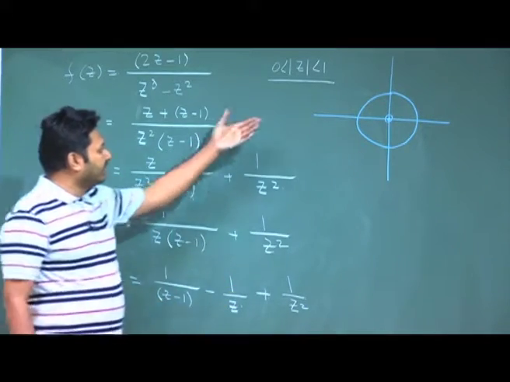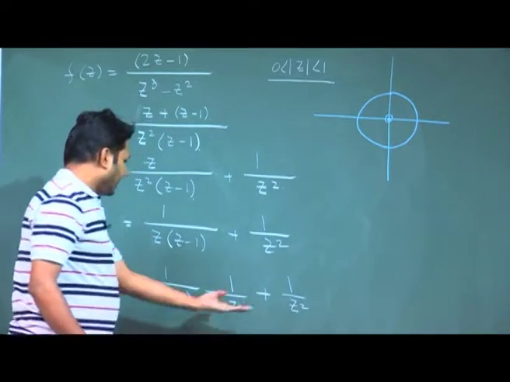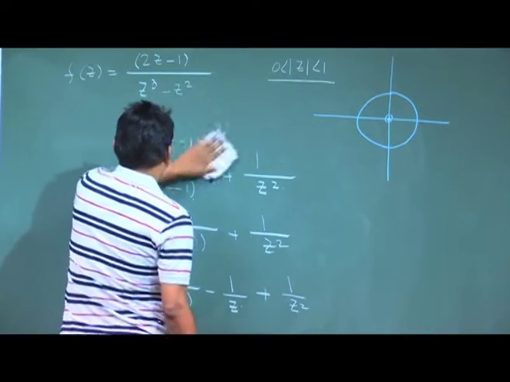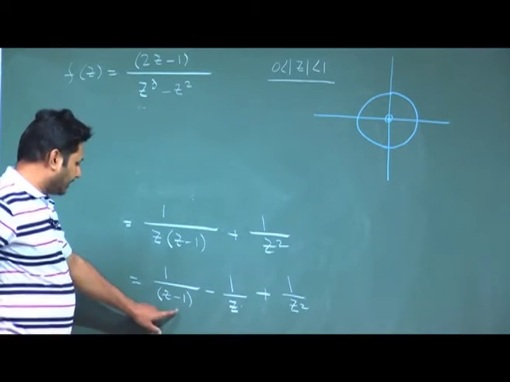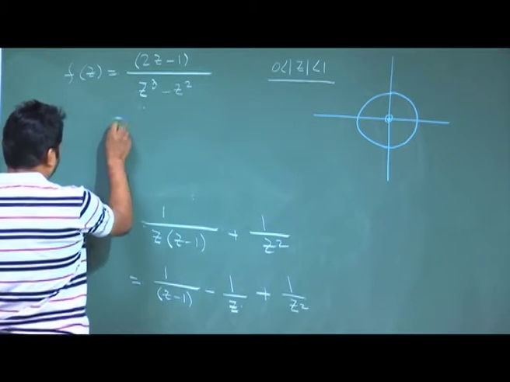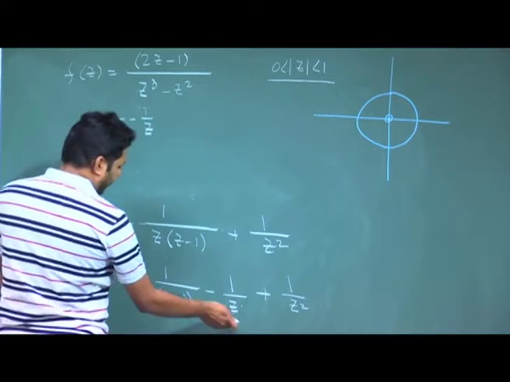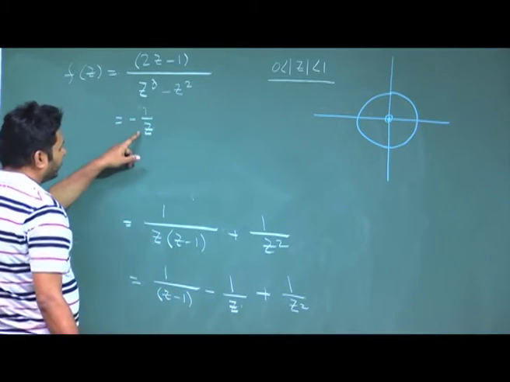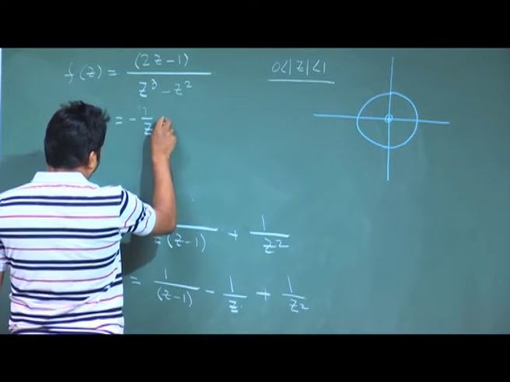So, I have three terms: 1 divided by (z minus 1), 1 by z, 1 by z square, but my restriction is that mod z should be less than 1. Then there is no such problem, because I can expand these things this way. The first term is 1 by z, I take this because I have nothing to do with these, 1 by z is already there, plus 1 by z square, it is already there.